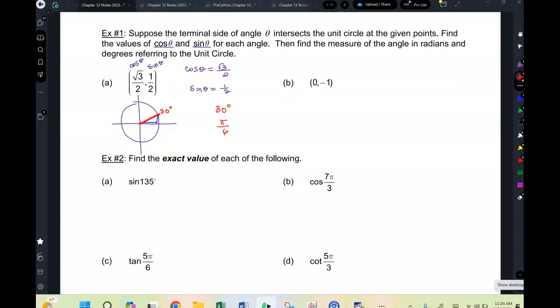Actually for this one, I'm going to erase this one and give you another one. Why don't we do negative root 2 over 2 and positive root 2 over 2. So the cosine here is negative root 2 over 2 and the sine is positive root 2 over 2.